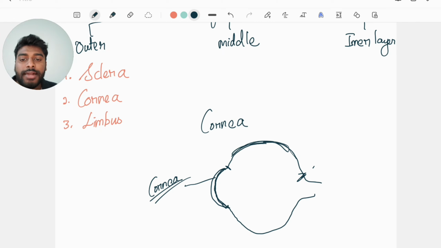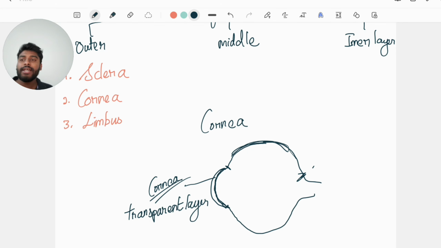This is the transparent layer. The cornea has no color. It is very transparent, and through the cornea the light enters the eye. This is the use of the cornea.